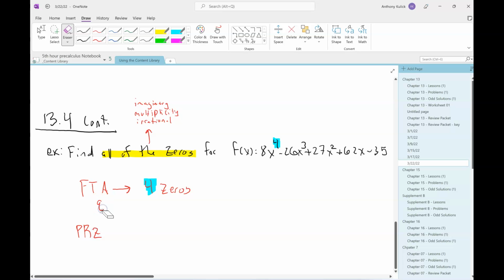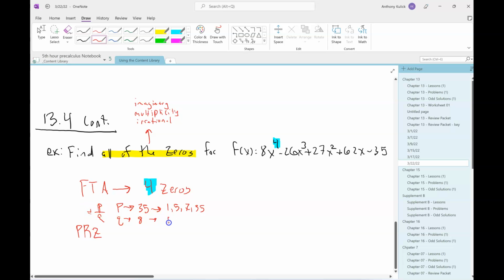The next thing we're going to do is find those possible rational zeros. Remember, those are of the form P over Q, where P is the factors of the constant term. So the factors of 35 are 1, 5, 7, and 35. And Q is going to be the leading coefficient.